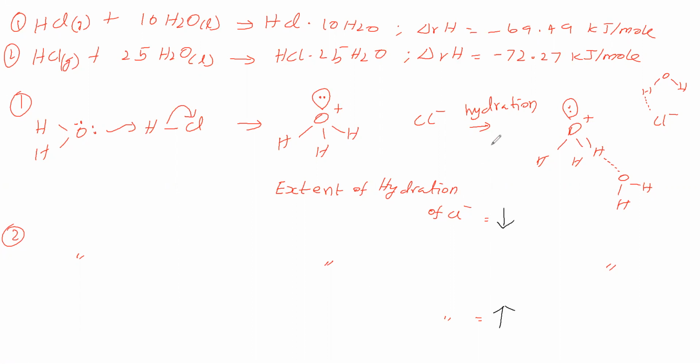High extent of hydration means more water molecules present in the hydrated ion, which means more attraction, and more attraction means more heat is liberated. Therefore, in the first case, extent of hydration is low, so less heat is liberated.